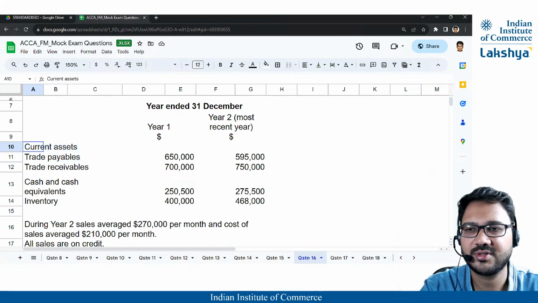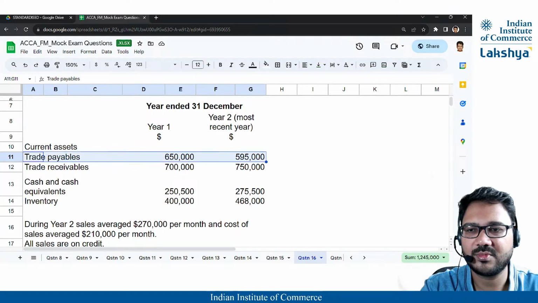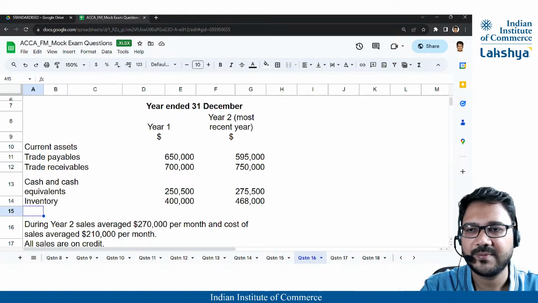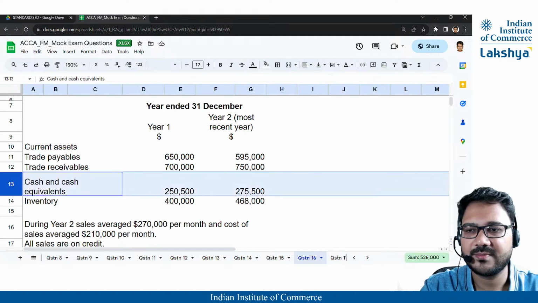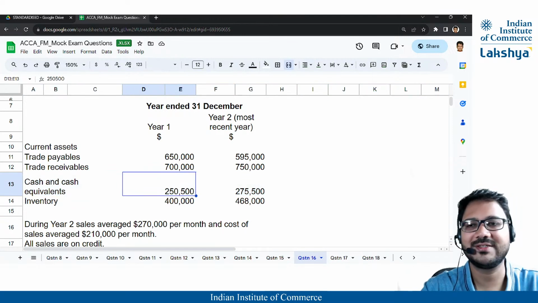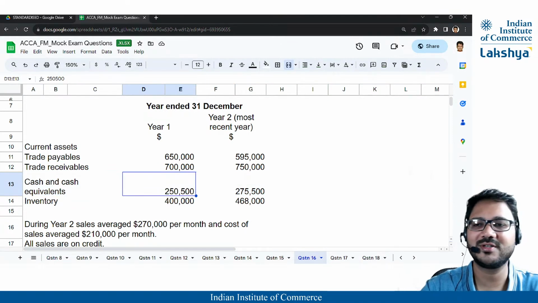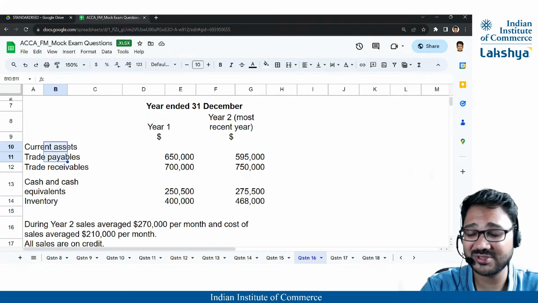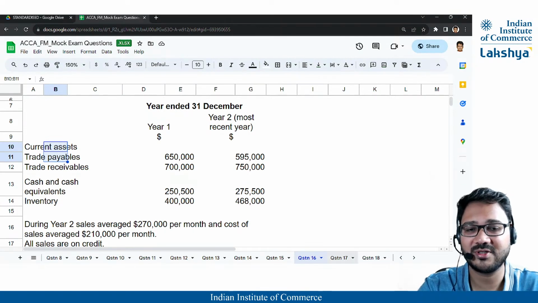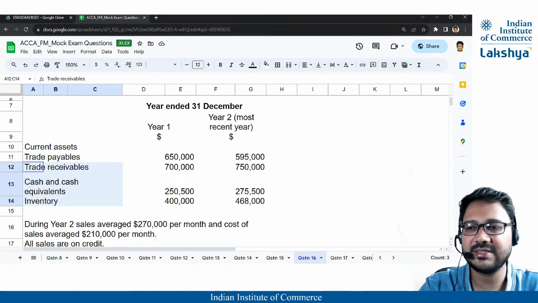So just ignore that. Anyway, you know what it is. There could be typos certain times in the question paper, so just don't get confused. This is actually a current liability, and these all are our current assets.